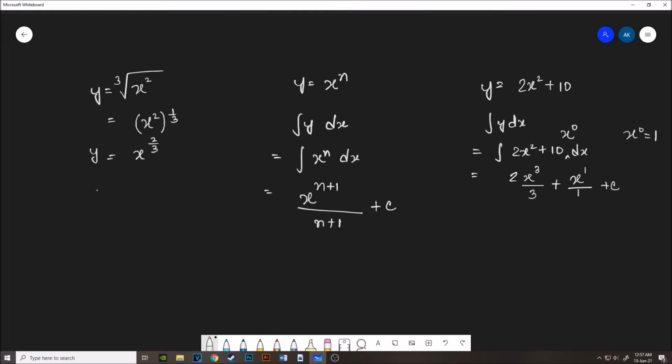This is y. Now the integration of y with respect to x is basically the integration of x to the power 2 by 3 with respect to x. And the same rule follows, 2 by 3 plus 1, and then divide this expression by the new power. And since this is an indefinite integration, you add c. So these are basically the rules and how we manipulate surds to find the integral.